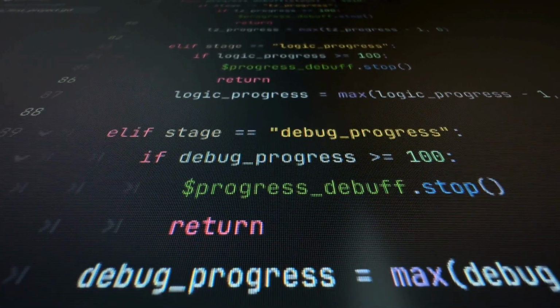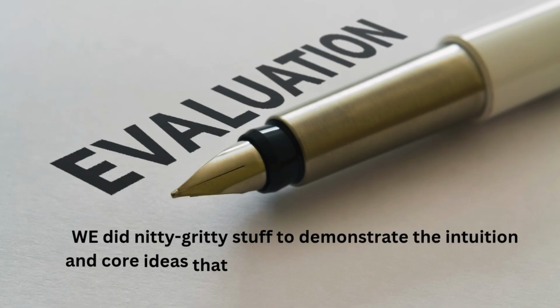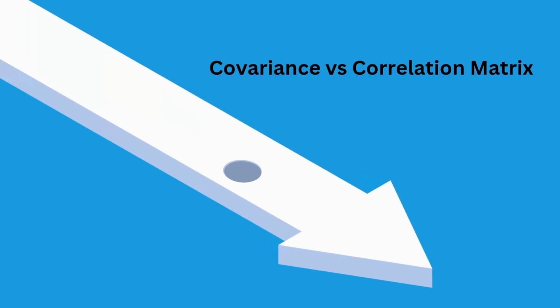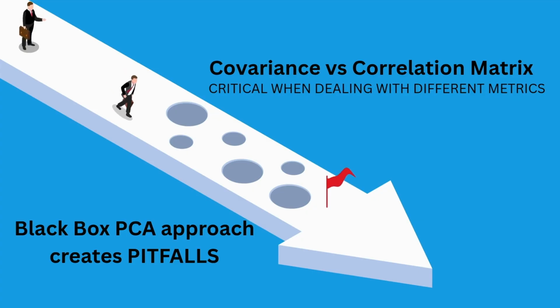So don't expect that in real life, we're going to be doing all that we outlined a while ago as is. We just did this to demonstrate the intuition and core ideas that a data analyst should keep in mind. For example, the advice to use the correlation matrix instead of the covariance matrix only makes sense if you understood the discussion we have about different units of measurements. Somebody who runs PCA might not understand the difference and make that kind of mistake if they are not careful.